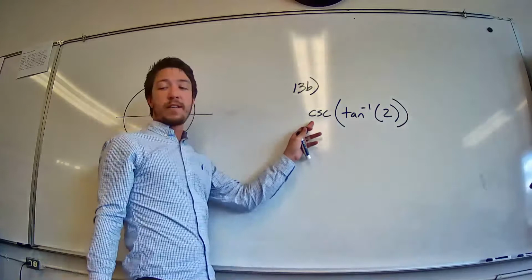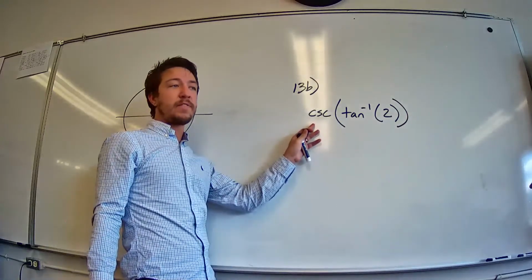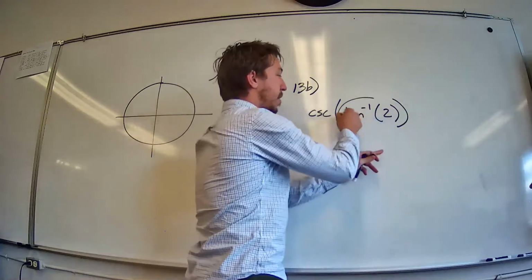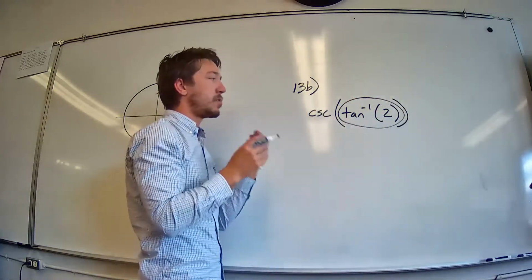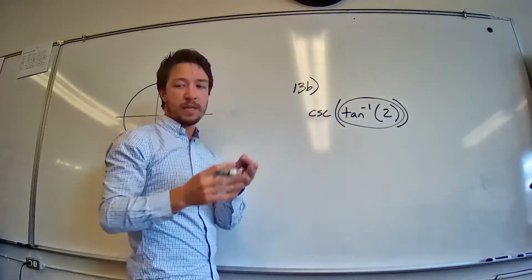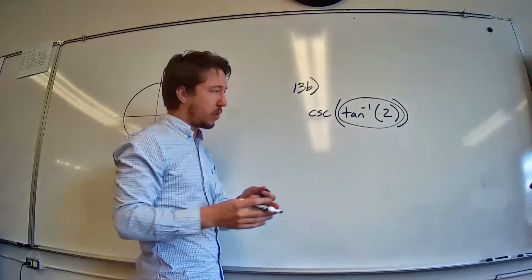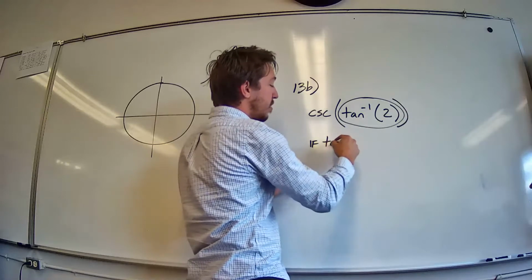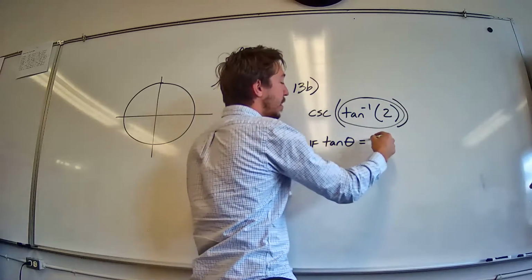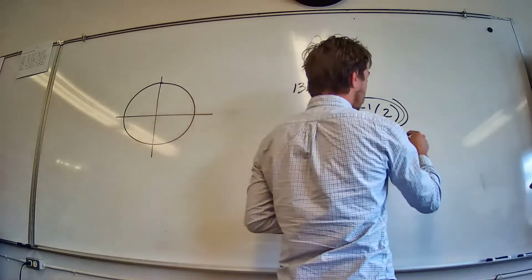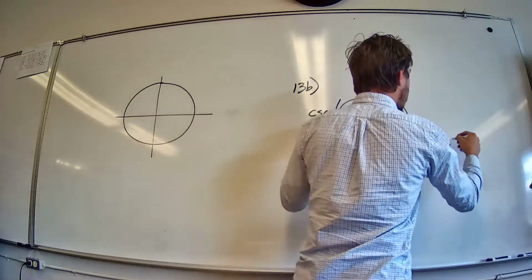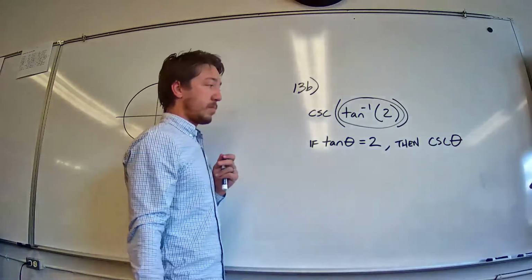All right. Quiet down. Going over this one for the people who are confused. You look at this inside part here. This is referring to some angle whose tangent is 2. So you can rephrase this and say, if the tangent of some angle is 2, then what is the cosecant of that angle?